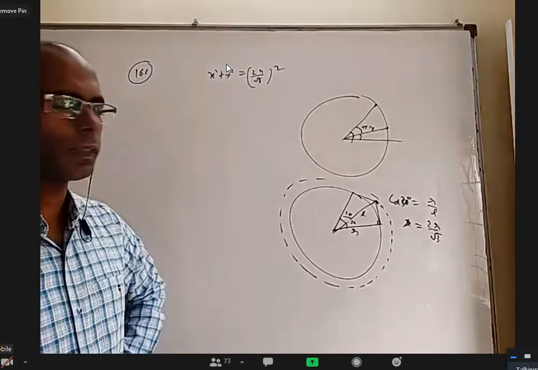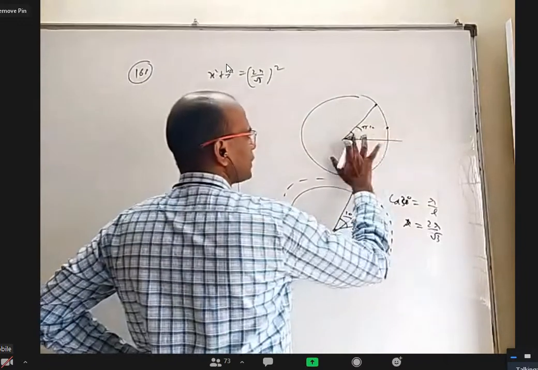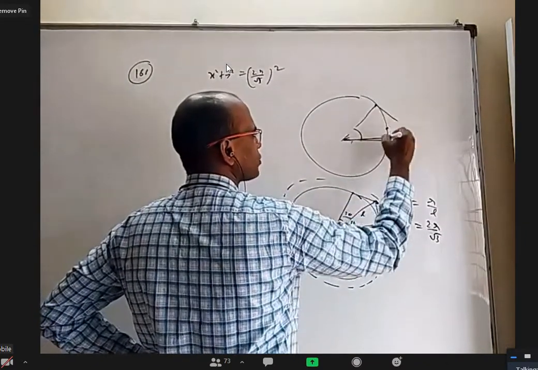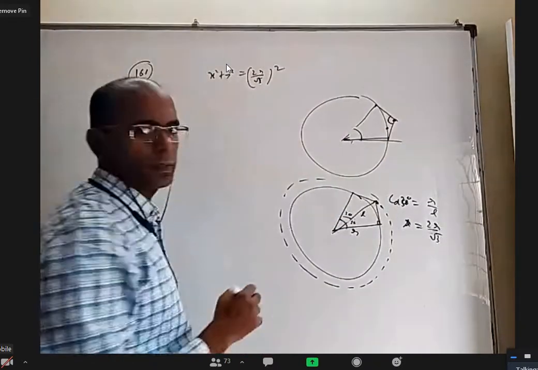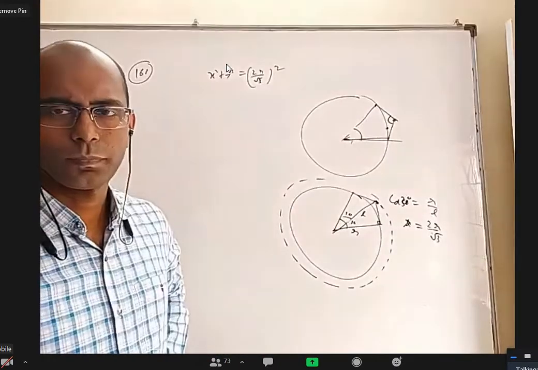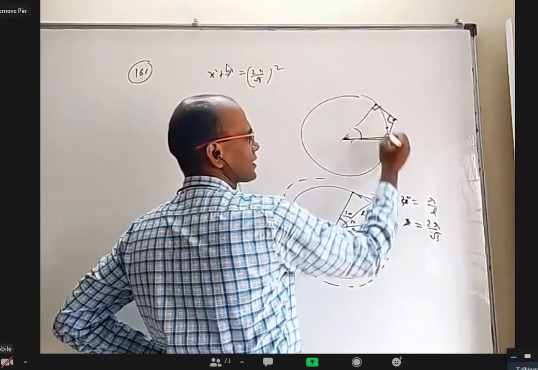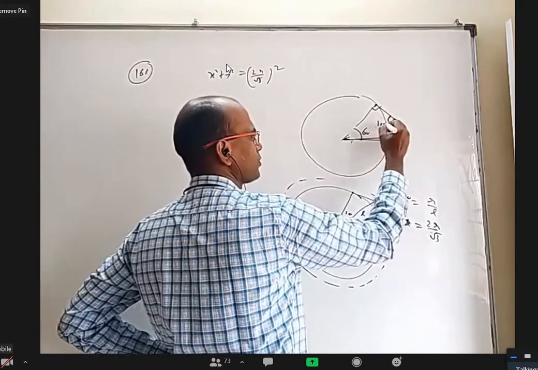Yes, sir. Another method: if really this angle is pi by 3, and you draw two tangents, what is the angle between the tangents? 120. Because this is 90, this is 90, their sum is 180, this is 60, so this should be 120.